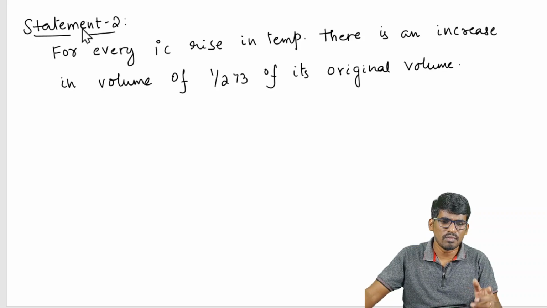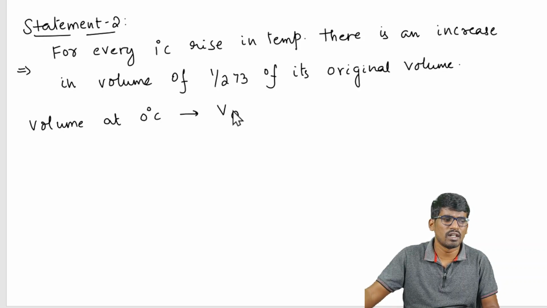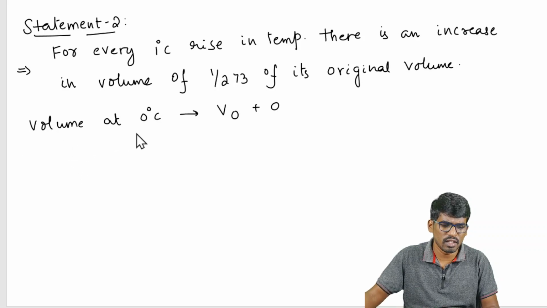So what I mean to say is, as per this statement, let us say the volume at 0 degrees Celsius, you can take it as V naught. Similarly, let us say you have increased the temperature to 1 degree Celsius.